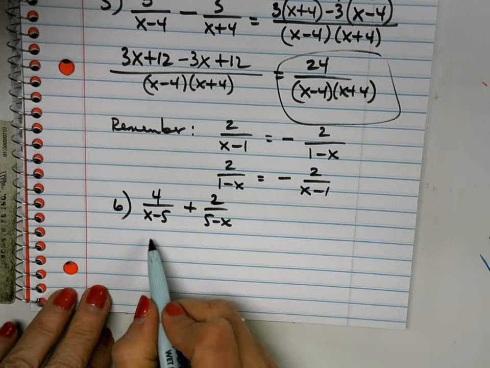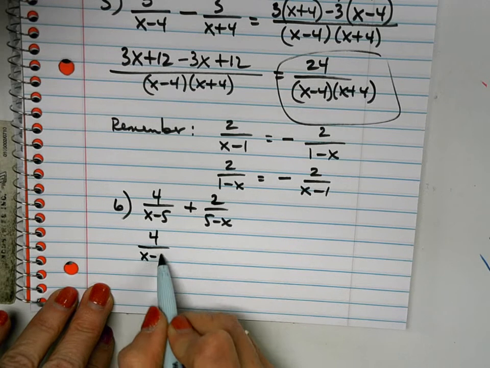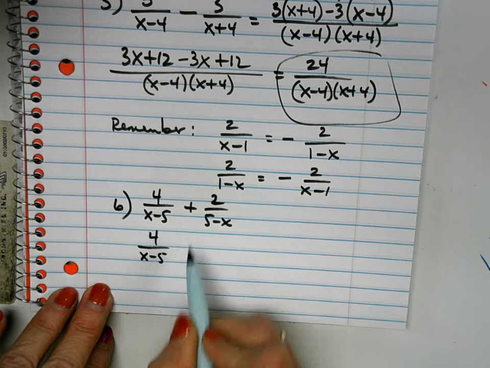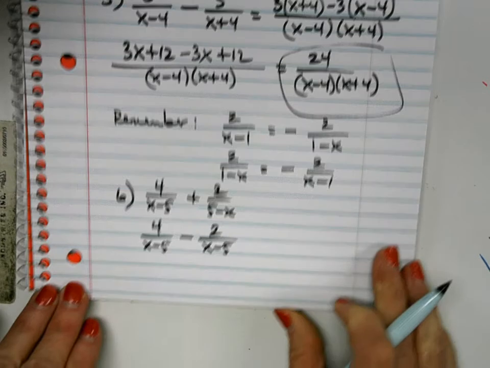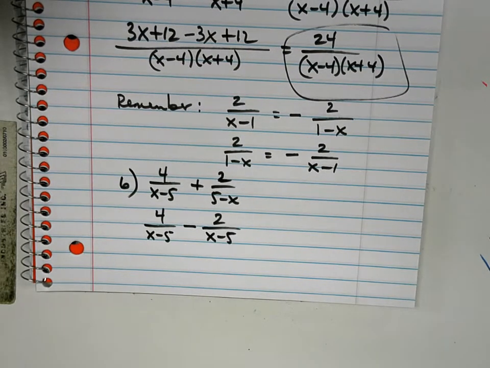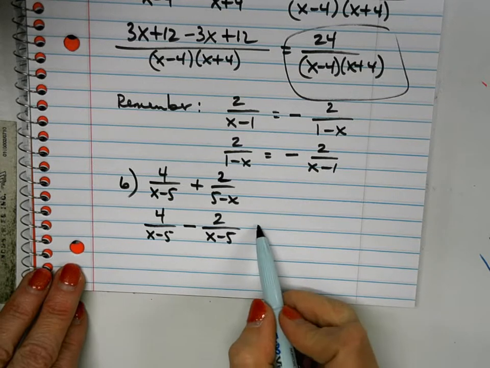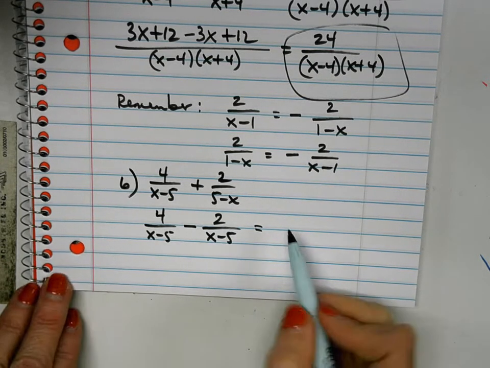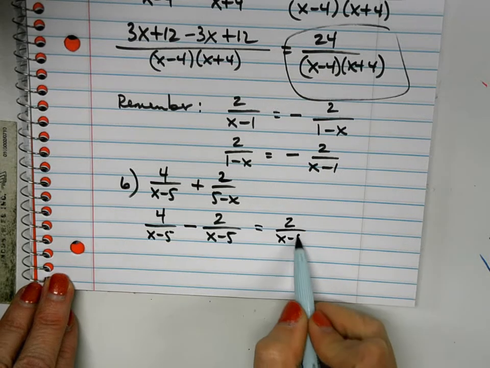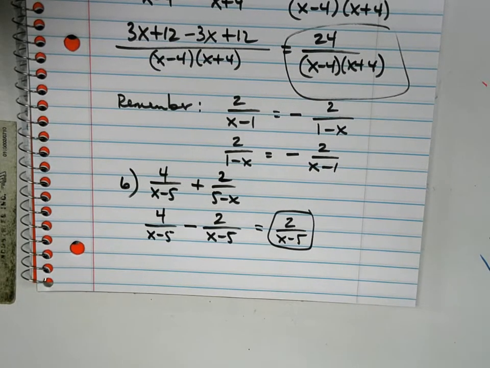So you pull that negative out and switch the sign here. Since this is plus, we'll make it minus. And then I can switch that around. Once you have a common denominator, it's already there, so you just subtract the tops. 4 minus 2 would be your answer: 2 over x minus 5.